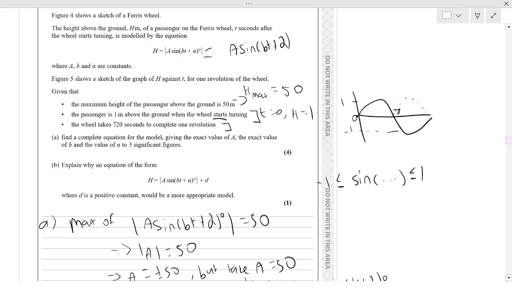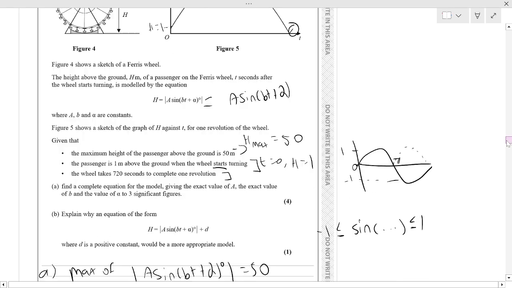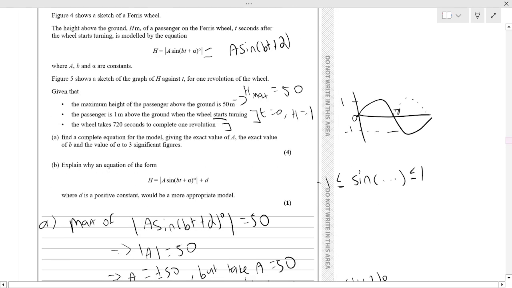I guess, well, if it's completed one revolution, it's returned back to this point, and we know at the start h is 1, right? So you could say t is 720, h is 1, I guess.